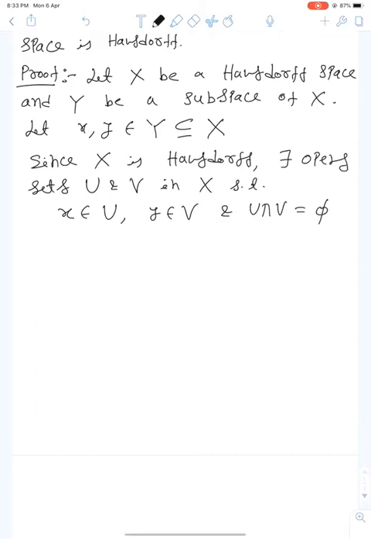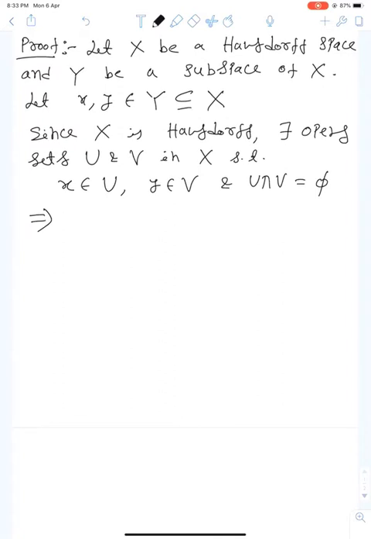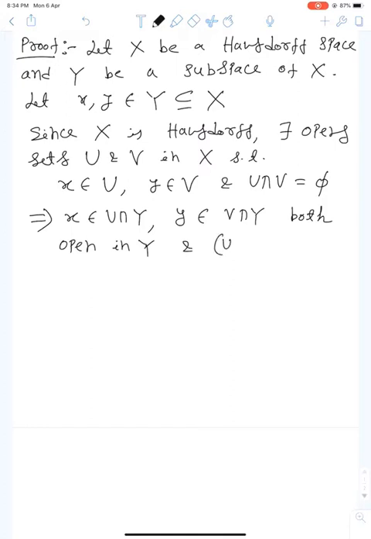Now that will imply x belongs to U intersection Y, y belongs to V intersection Y, both open in Y and their intersection is empty.